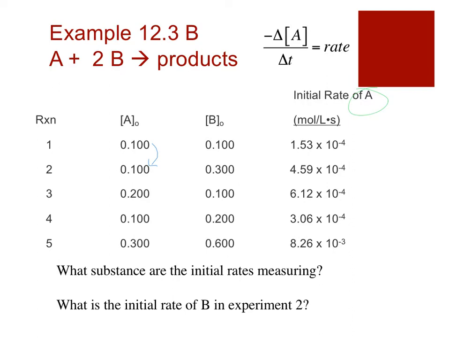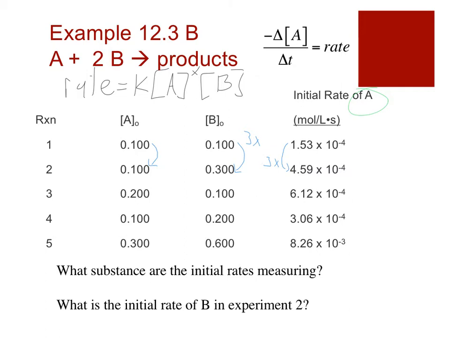So any change in my rate law is going to be as an effect of B. Okay, so we look at this just like we did before, and we say, okay, B is tripling here, and my rate is tripling also. Therefore, my rate law so far, again, we get this generic, the rate is equal to K, A to the something, B to the something else. We're just looking for those coefficients. And then B we just found as first order. Okay?